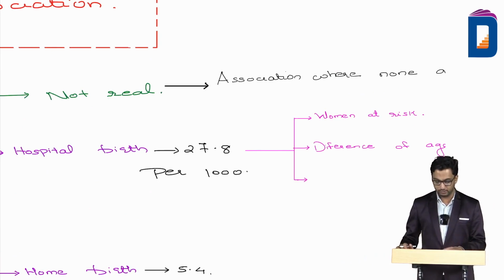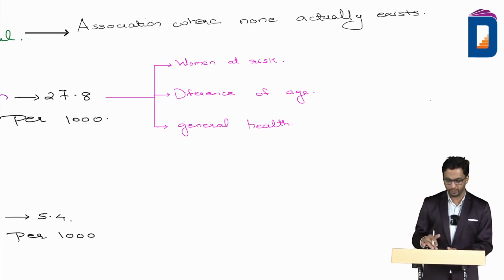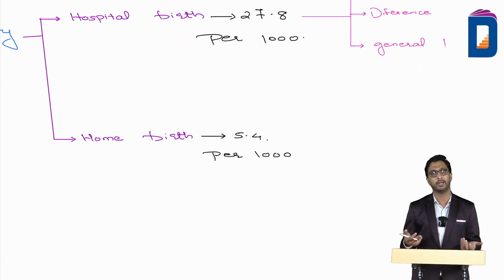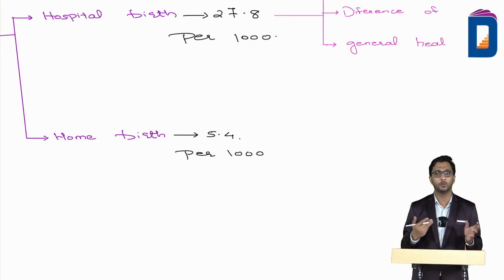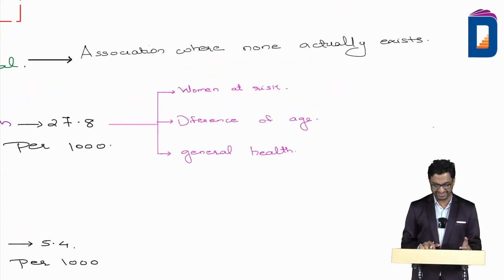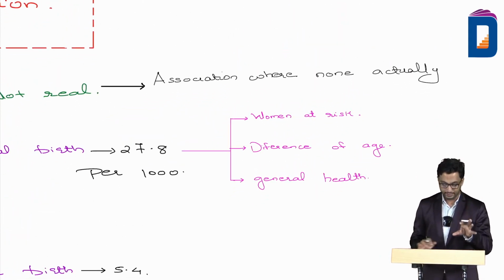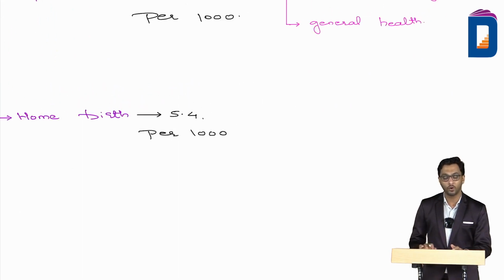Just an example. So the chance of death is more there. Now, general health is bad. For example, in hospital, imagine the lady was diabetic, and at home, she was not diabetic. Or hypertensive, more importantly. So in home birth, the lady was not hypertensive, so the chances of death are more in hospital. So all these factors are more in hospital, and that could be one reason the hospital death rates are more than the home death rates.